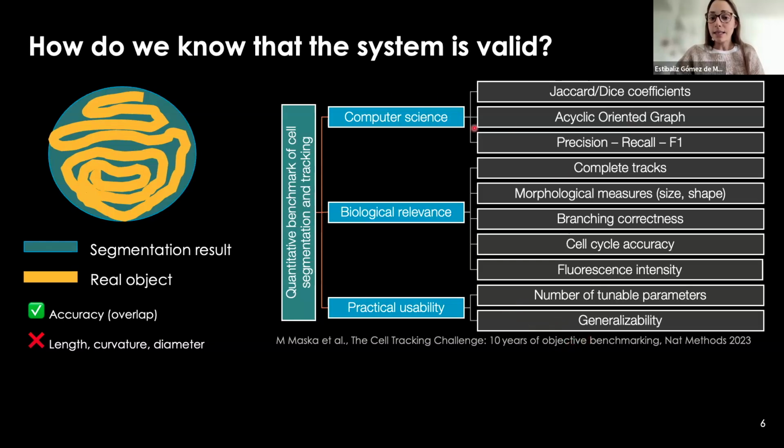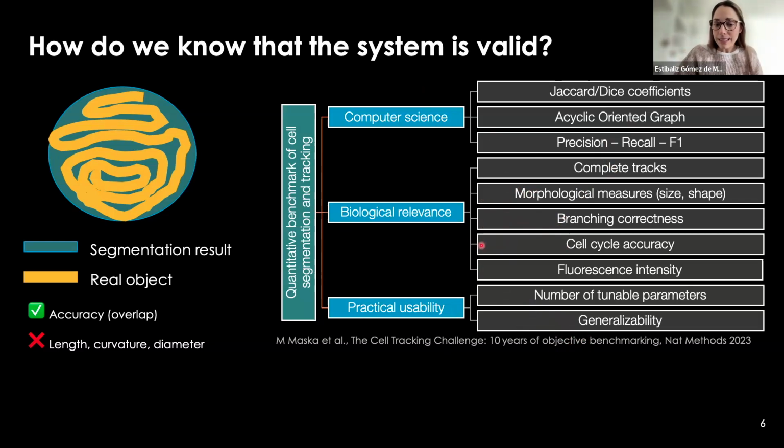In this challenge, and now in some others, this is a tendency: we are not benchmarking the deep learning methods only on the accuracy they get computationally, but also on how relevant or useful, in terms of research or biology, the output from these methods is.